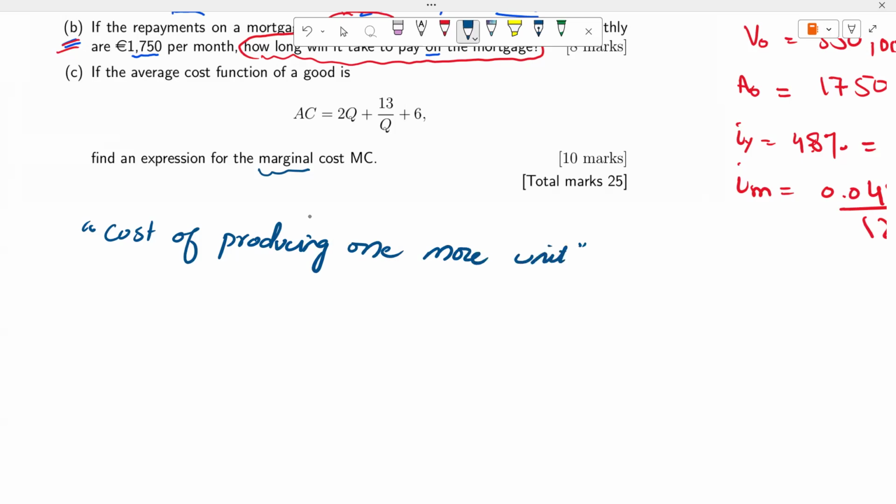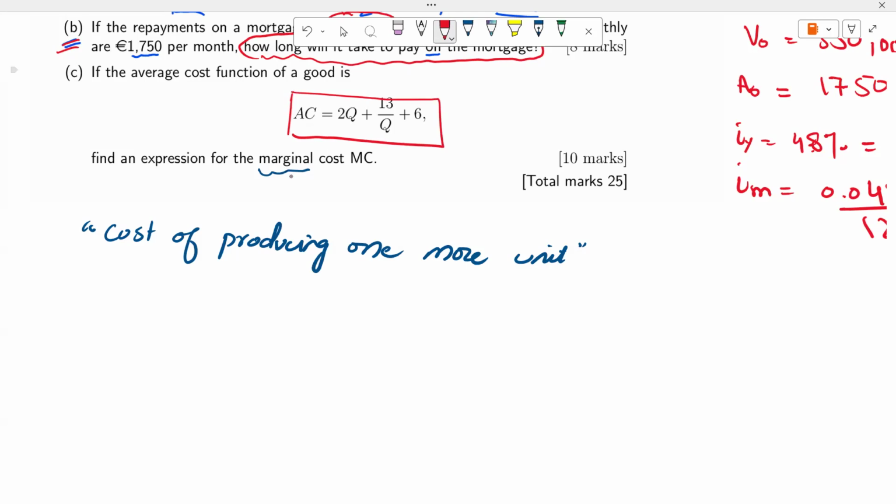There's a whole economic interpretation of this. It seems very simple, but it is not as simple as it appears. It's a whole new idea, but there's no need to get into the details. I need to find the marginal cost, and I'm given the average cost, right?